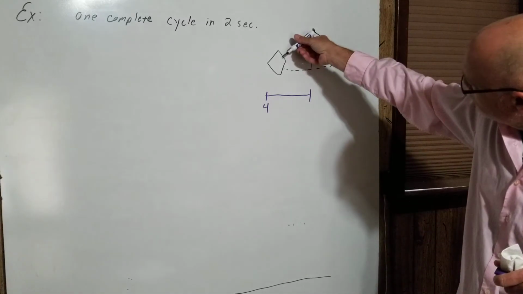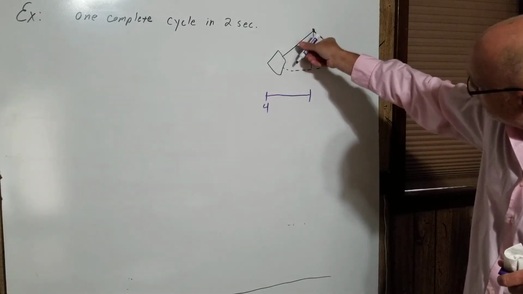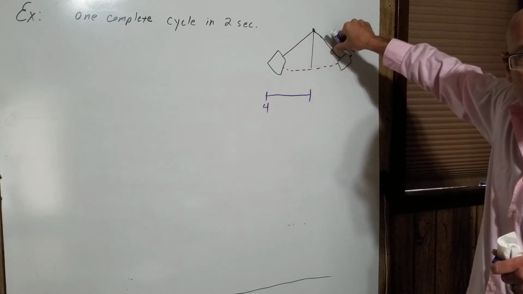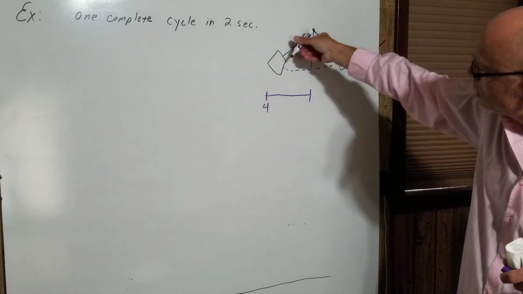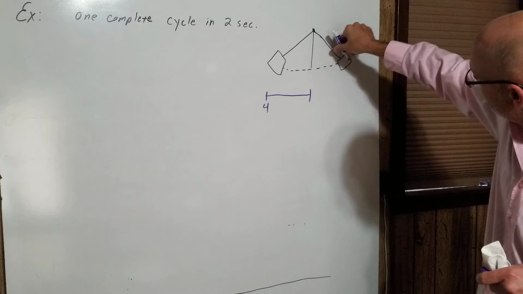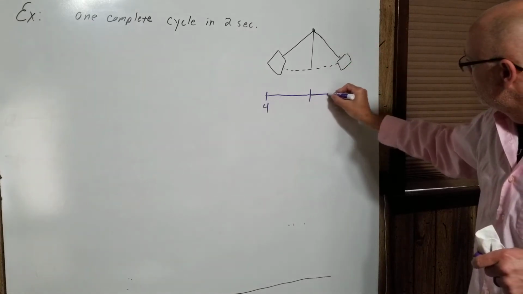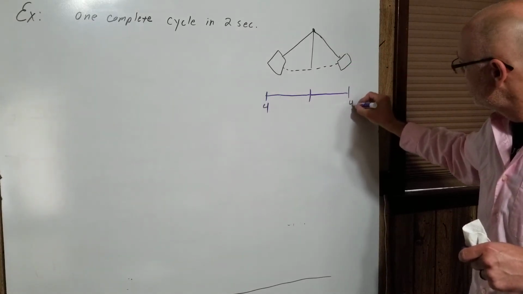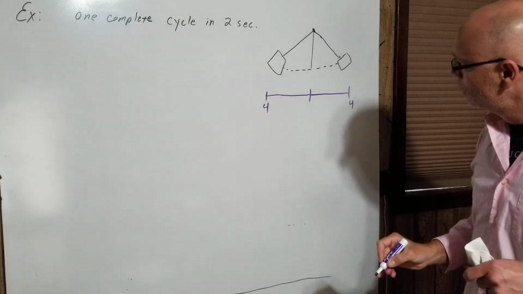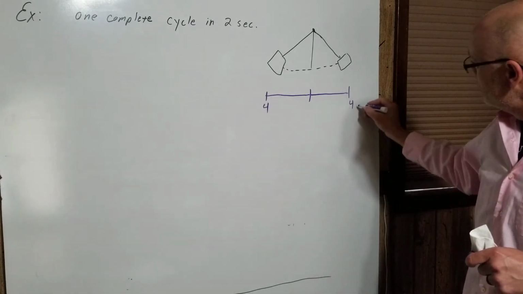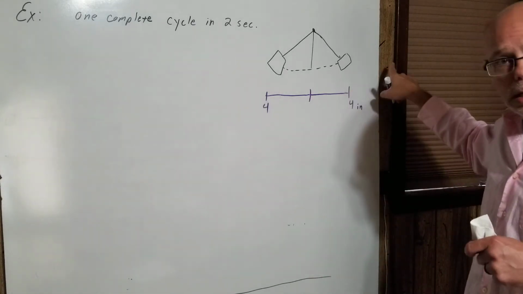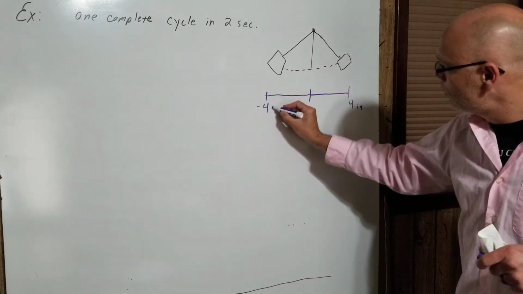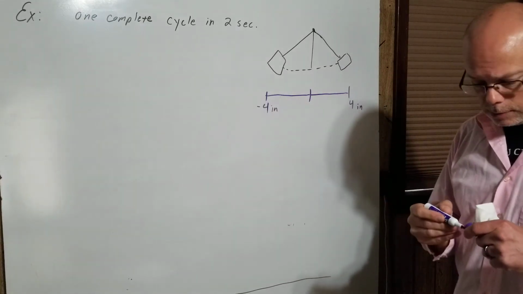And what's going to happen? If I release that, it's going to swing back over here. Assuming that there's no forces slowing it down, it's going to go all the way to 4 inches this way. What I like to do is call this a positive 4 inches in the right direction and a negative 4 inches in the left direction.